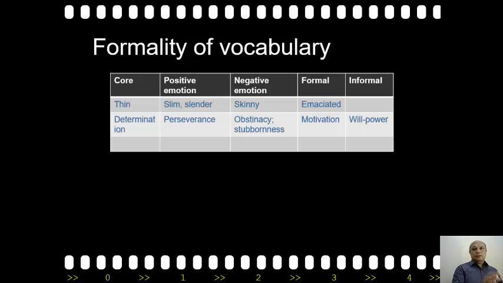So you can choose in your wording whether you want to trigger something positive, or cause something negative, or whether you want to sound formal, or sound informal. There is a range of style in your use of words.